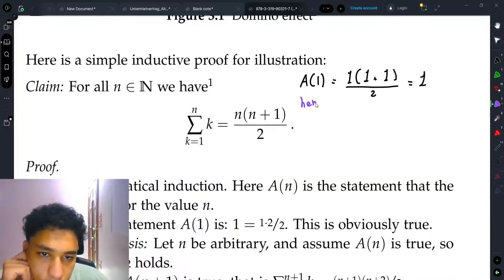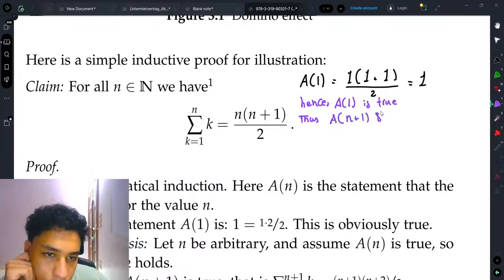Hence, A1 is true. Thus, A n plus 1 should be true.